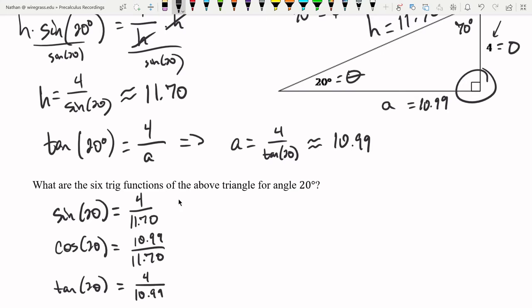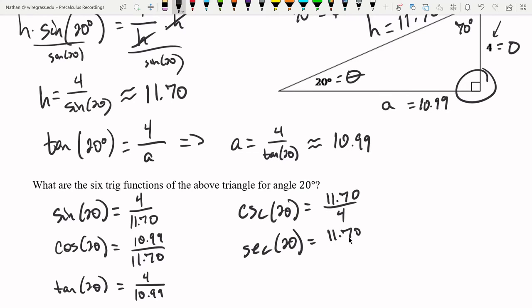The other 3 are just the flipped versions of these. So sine goes to cosecant, remember that? So cosecant of 20 is just the flipped version of sine, so 11.70 over 4. Secant is flipped cosine, 11.70 over 10.99. And cotangent is the flipped version of tangent, so 10.99 over 4.